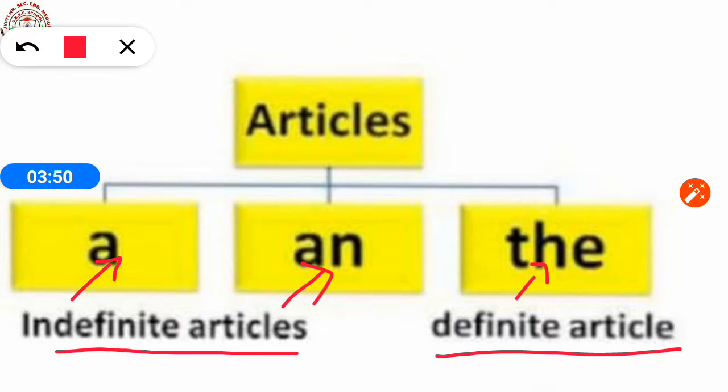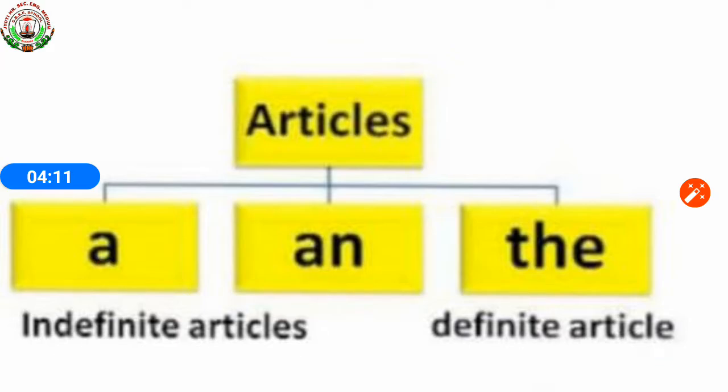So, a and an are indefinite articles. They do not point to any particular person or thing. And the is a definite article and it is used before a definite object.